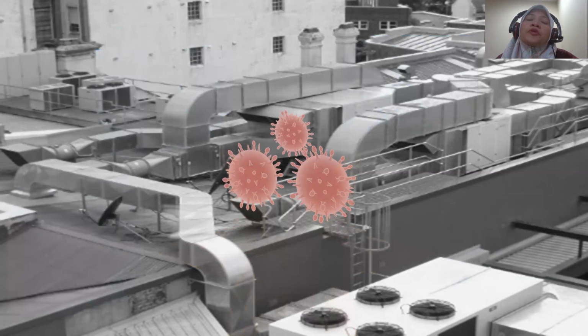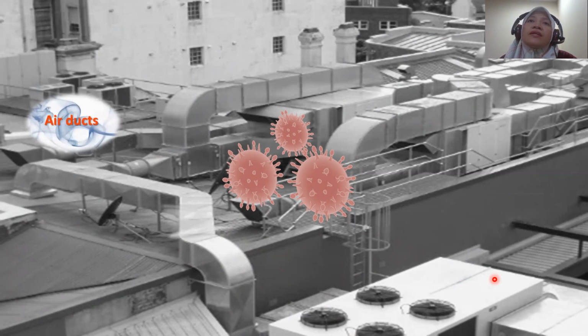So, potential source of air contamination may come from air ducts. If we don't have a proper filtration, the air duct is going to transfer contaminated air to our processing area.